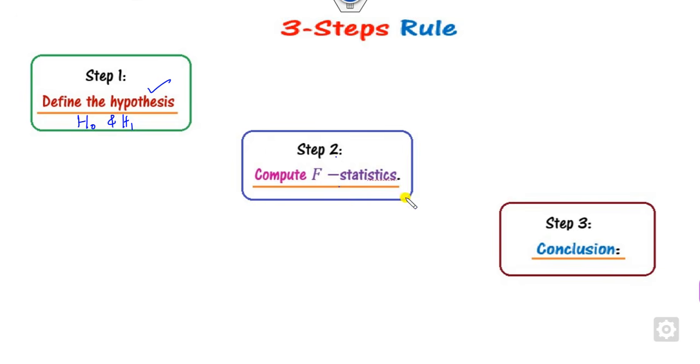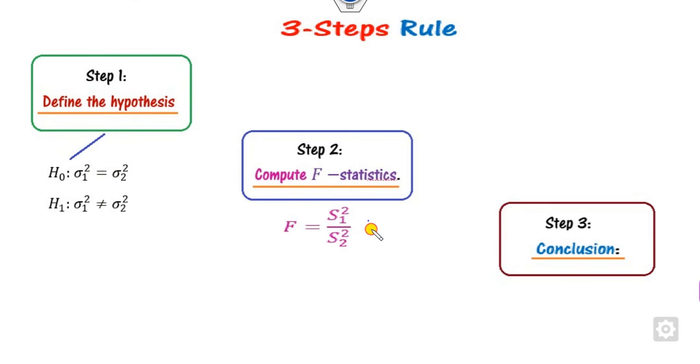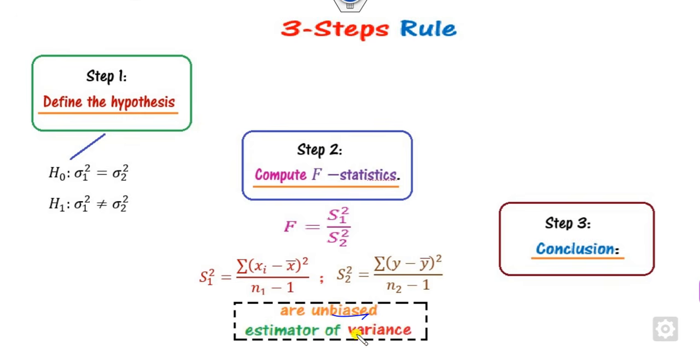Step number 2 is the F statistic and step number 3 is the conclusion. In step 1 we define H0 and H1 this way: variances are the same and variances are not the same. In step number 2 we define the F statistic as S1 square upon S2 square whenever S1 square is greater than S2 square, else if S2 square is greater than S1 square, then we define it as S2 square upon S1 square, where S1 and S2 are the unbiased estimators defined here.